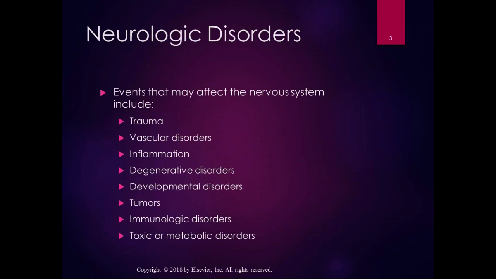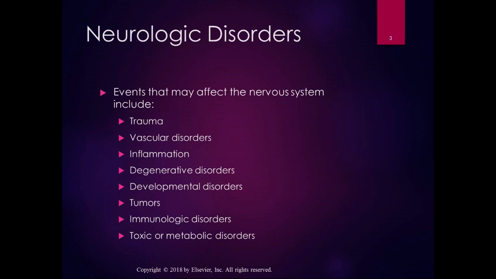There are lots of events that can affect the nervous system. Trauma can be a big one, such as traumatic brain injuries. I've been working with someone recently who started out with a fall with a brain injury, and it ultimately resulted in a hemorrhagic stroke. That whole trauma event cascaded into a neurologic disorder.